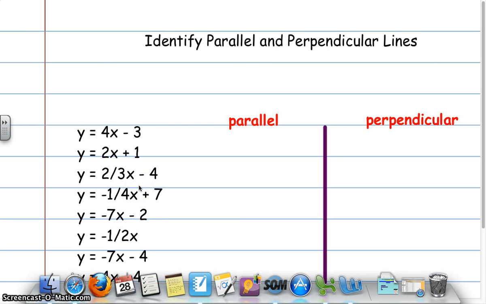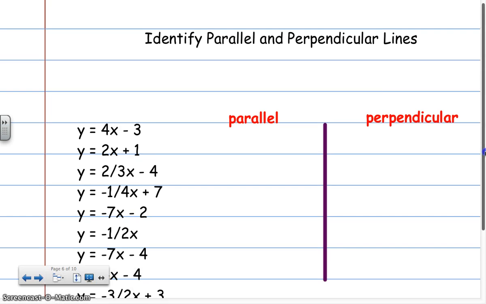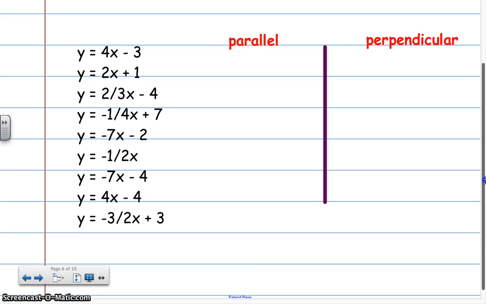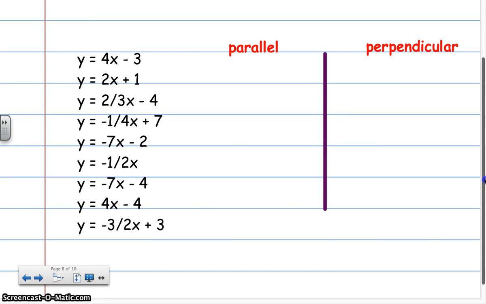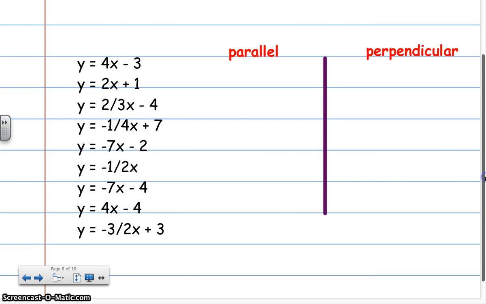Okay, looking at this group of lines, these are all lines because they're all representing a line. I want you to look through and try to identify which lines are parallel and which lines are perpendicular.